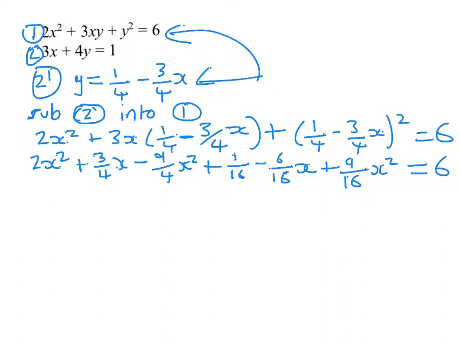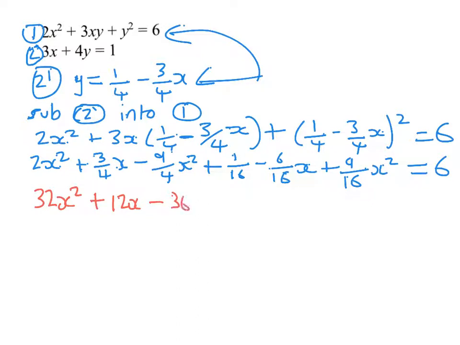The equation's still the same. It just gets rid of the fractions. So I've got 32x squared plus 16 times 3/4 is 12x. 16 times 9/4 is 36.